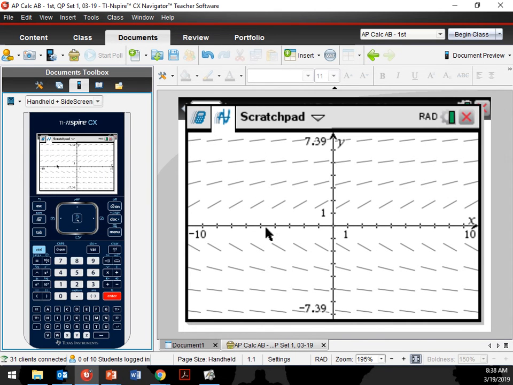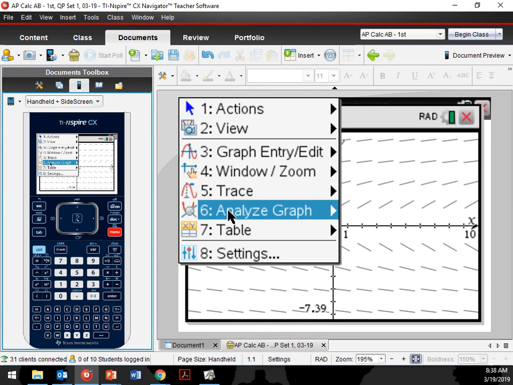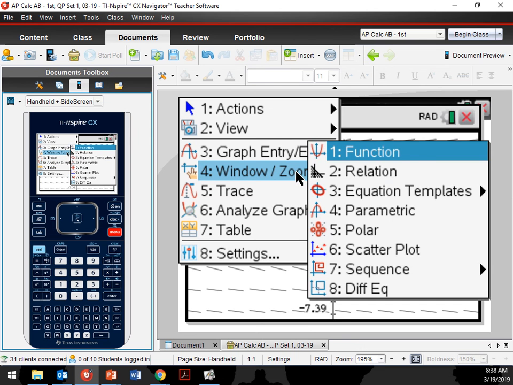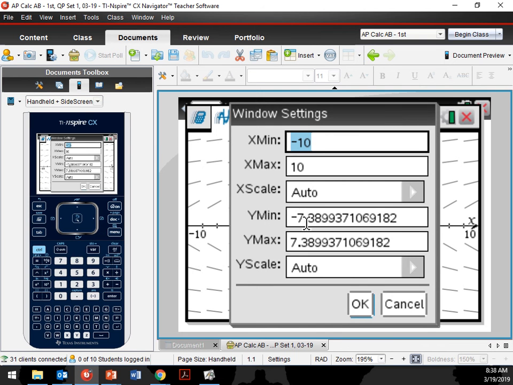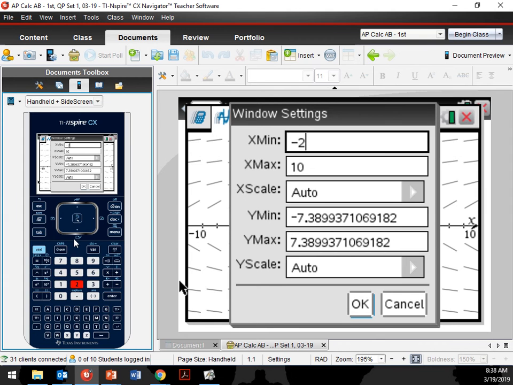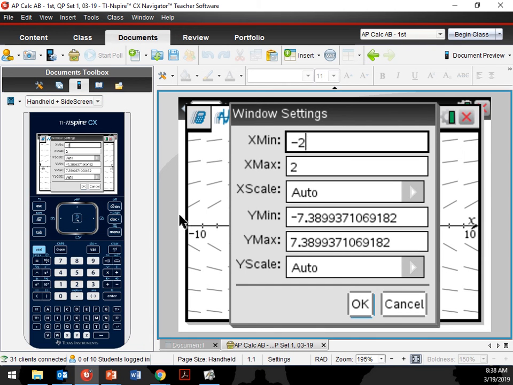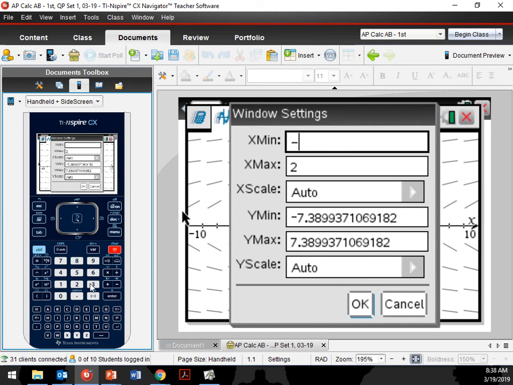All right, so let me show you what this means right here. So I was able to get it. So let's change my window, and I'm going to make my window smaller. Let's go -2 to 2. Actually, let's go 3, because I just remembered I have to use 2 in that one.